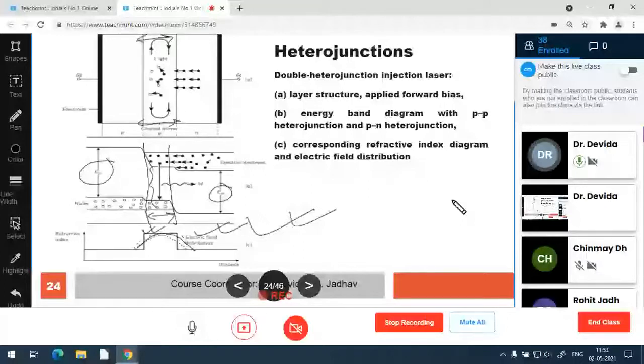So the active region, due to double heterojunction, is made thin. Due to optical confinement, all the photons are locked into that region. Due to electrical confinement, all the pumping and higher population inversion are only in the active region.